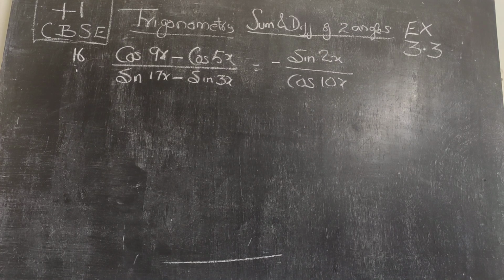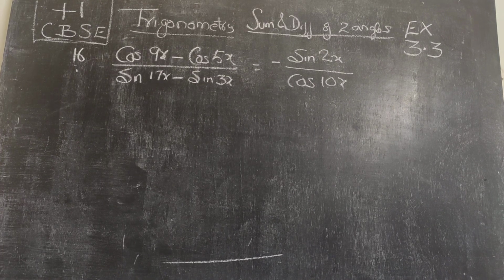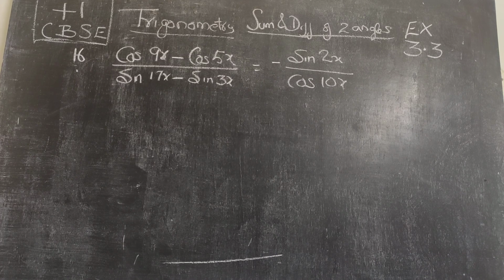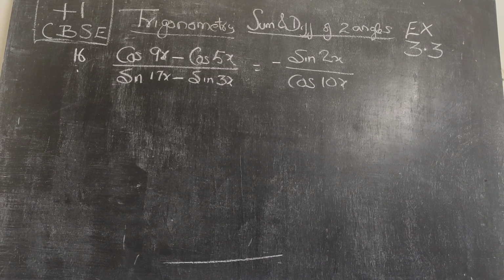Again, a simple problem. All these things are based on how far you are remembering the formula. To make you thorough with the various formulae: cos C minus cos D, here cos 9x minus cos 5x.